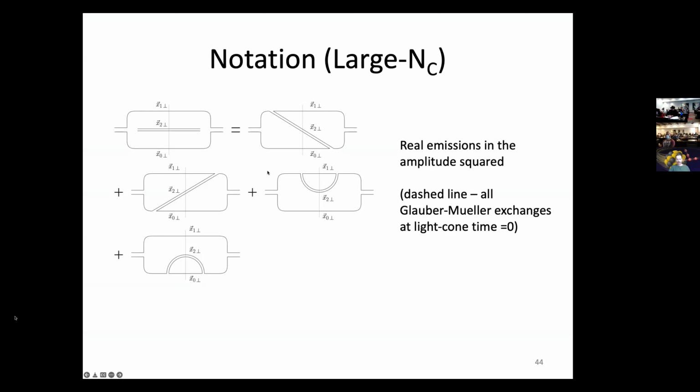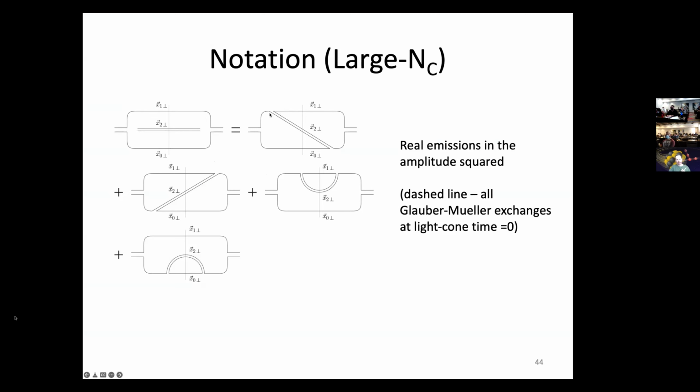So the notation at large N_c is as follows, like I just showed you, with this dangling, disconnected line. This is what I was drawing on the iPad. The dashed line is a very fast, instantaneous interaction with the target. This is a dipole that comes in and produces a double line, which is a gluon.